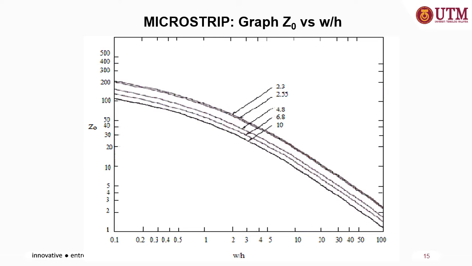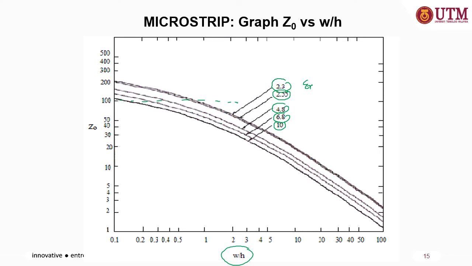Okay. Besides equation and calculation, you can also estimate the ratio of the width to the height or thickness of the substrate by using a microstrip graph, which basically shows the relation between Z0 and the ratio of W over H. So once you know the characteristic impedance, for example 100, then you can estimate the ratio of W over H by knowing the relative permittivity of the substrate material.